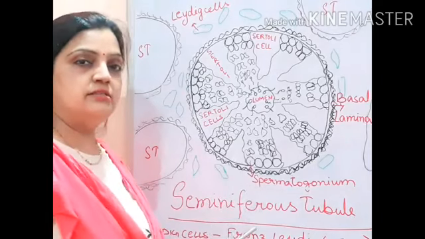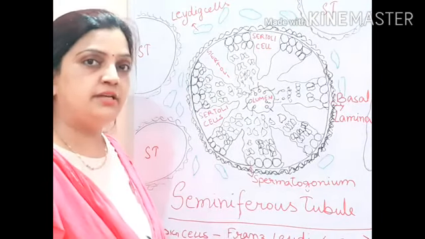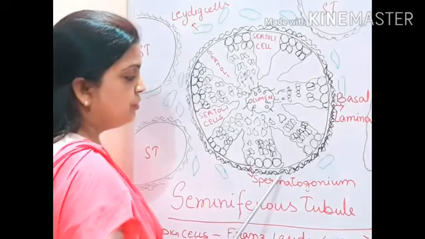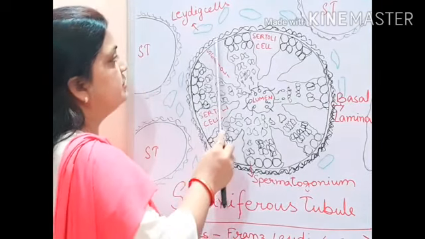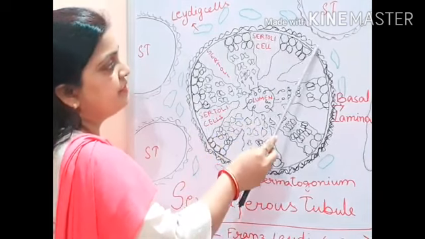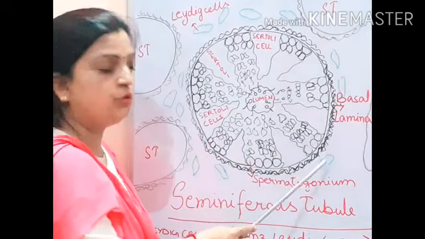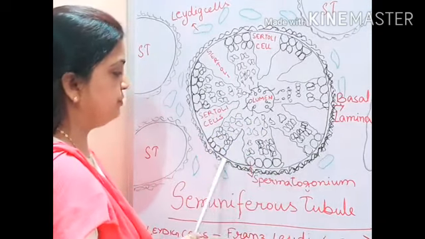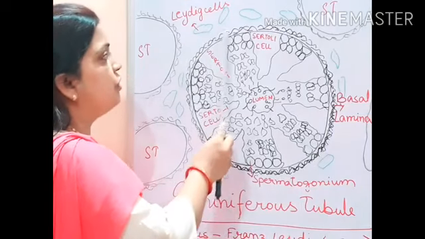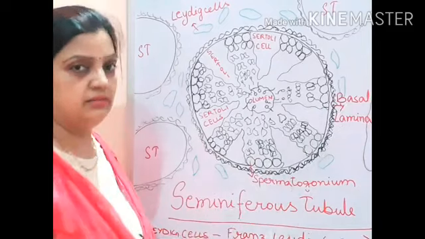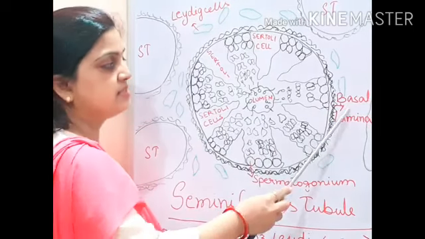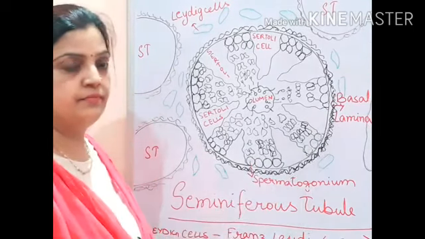Now in the internal structure, when we study in detail, you can see the outer layer, the outer wall of the seminiferous tubule. This outer wall is called the basal lamina.